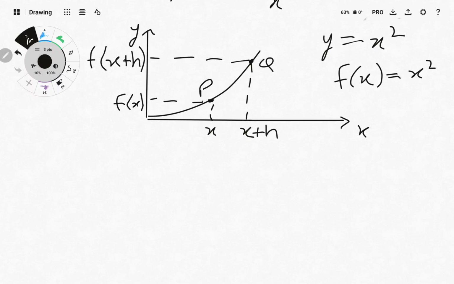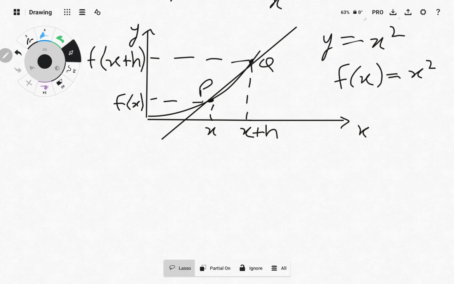Now I'm going to find the gradient of PQ.